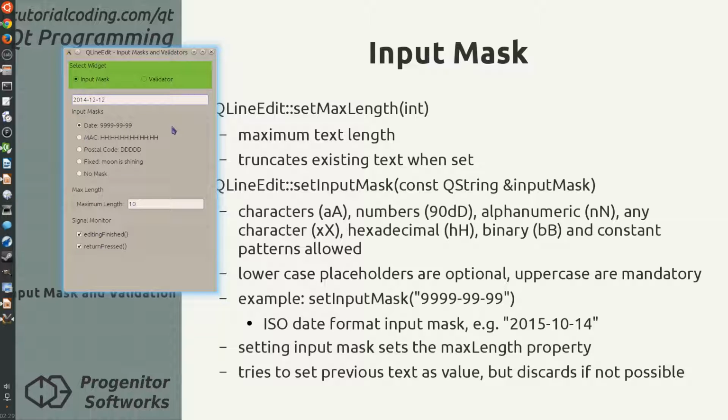This is of course not perfect. I can enter the year 5000 and month 99, day 99, which is absolutely not valid. But it gives a basic constraint on the input, and it says there are no letters in there, so I can't enter foobar. It just won't allow me to enter any letters.